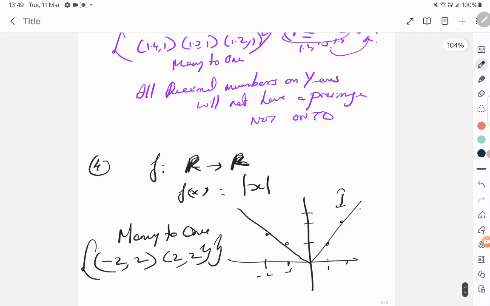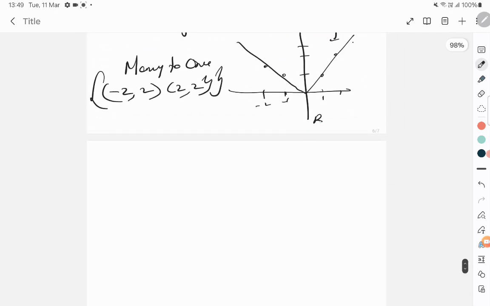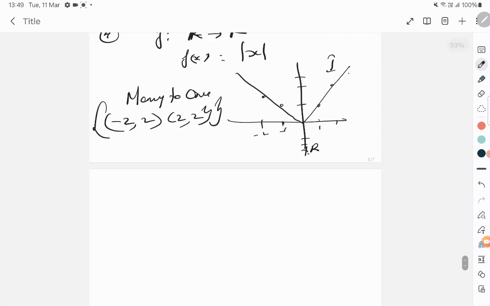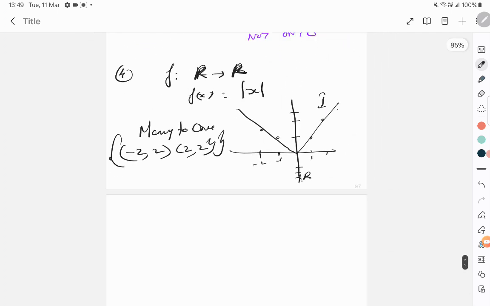And real number, the y-axis is a complete real number which includes all the negative y, and you will not have any negative values in modulus functions. Correct? All negative elements on y-axis will not have pre-image.